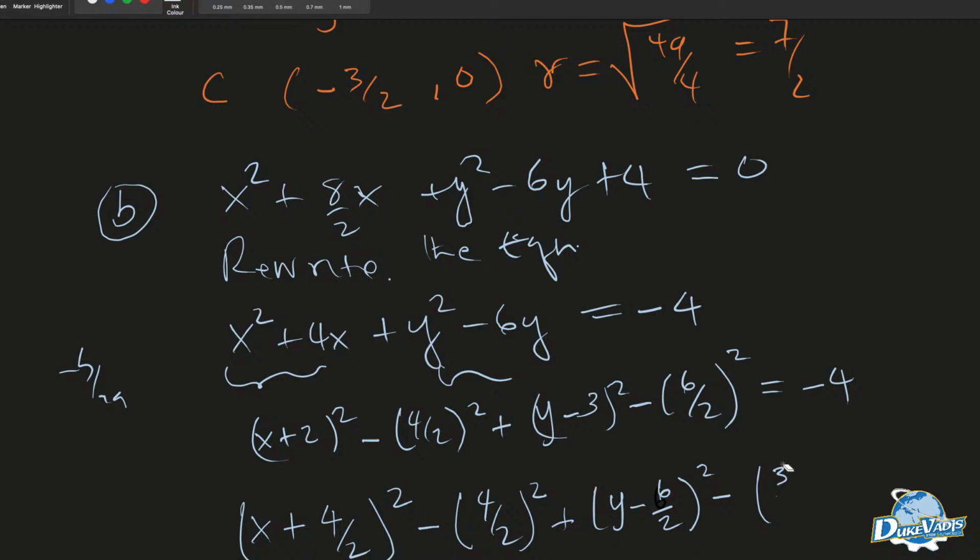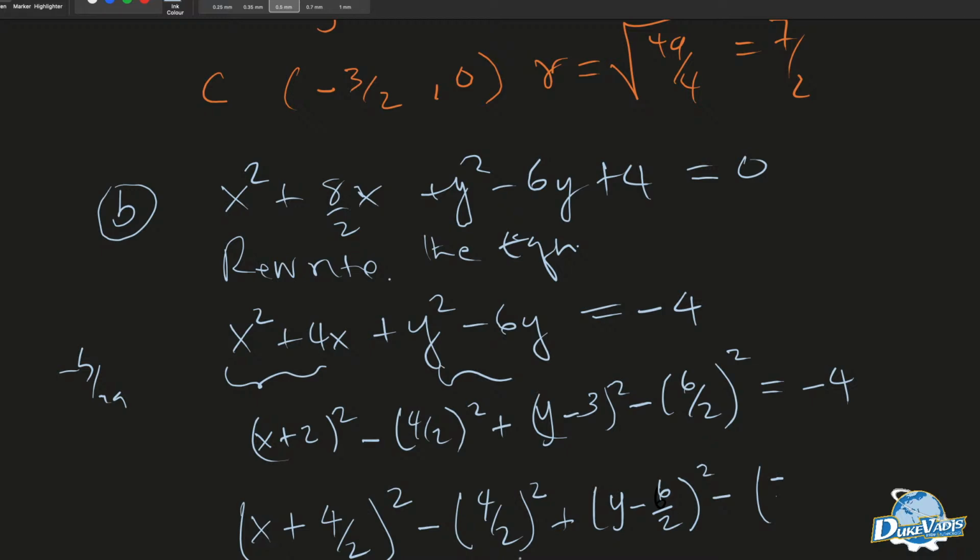So let me clear this one so that you'll be clear with it. All right, I hope you're getting it. So this one will be minus, you see, 4 over 2 squared.